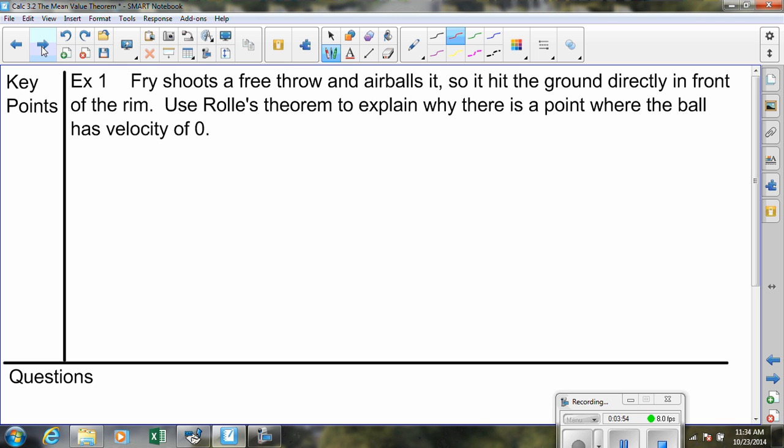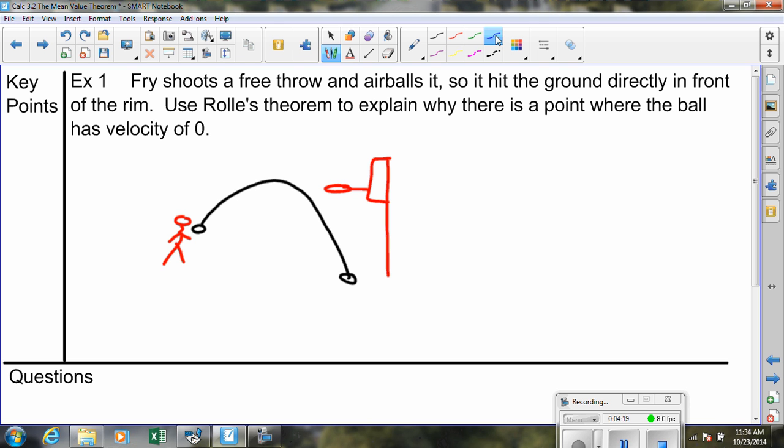Well, here's the big thing to keep in mind. We've got Fry. We have the basketball hoop. If we have Fry shooting the ball, it's going to follow a path, airballing and landing in front of the rim. You will note we have continuous, we have differentiable on this interval, and there is a point when the ball goes up and when the ball goes down where it has the same height.